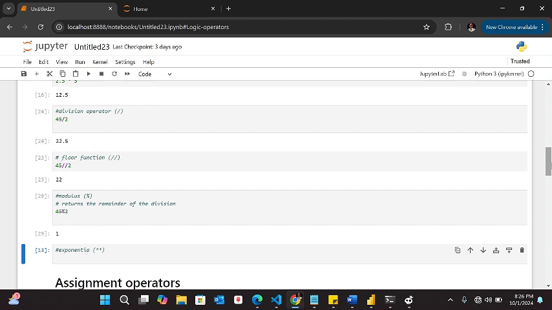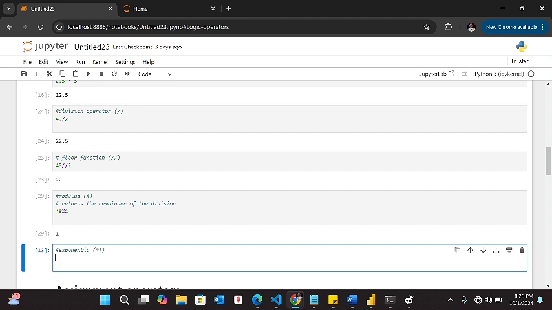And then the exponential helps us to raise a number to a power. So we raise to the power of something. Say we have 5 raised to the power of 2, 10 raised to the power of 5, right? So the exponential is used to raise a number to the power of another number.